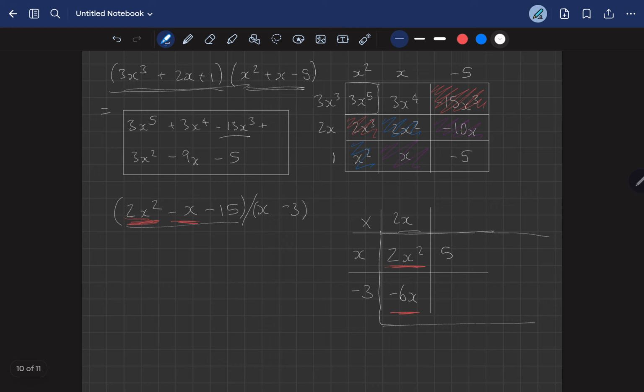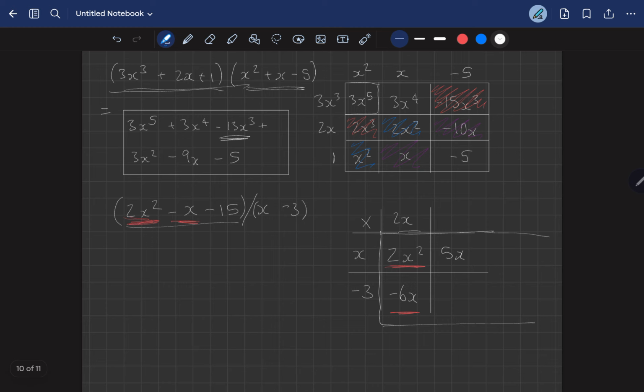So we put 5x right here. Because remember, when we collected like terms in the grid, like in the above example, minus 15x cubed plus 2x cubed is negative 13x cubed. We have to do the same thing here, but we have to split it up. So minus 6x plus 5x is equal to minus x.